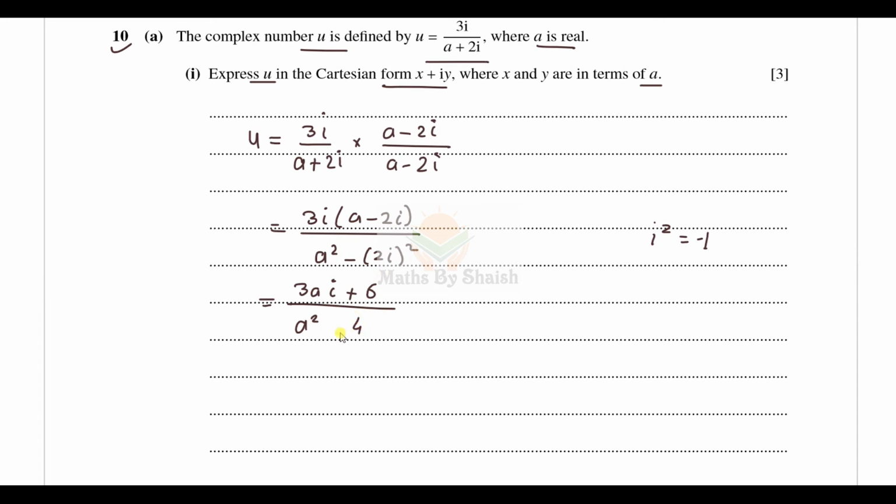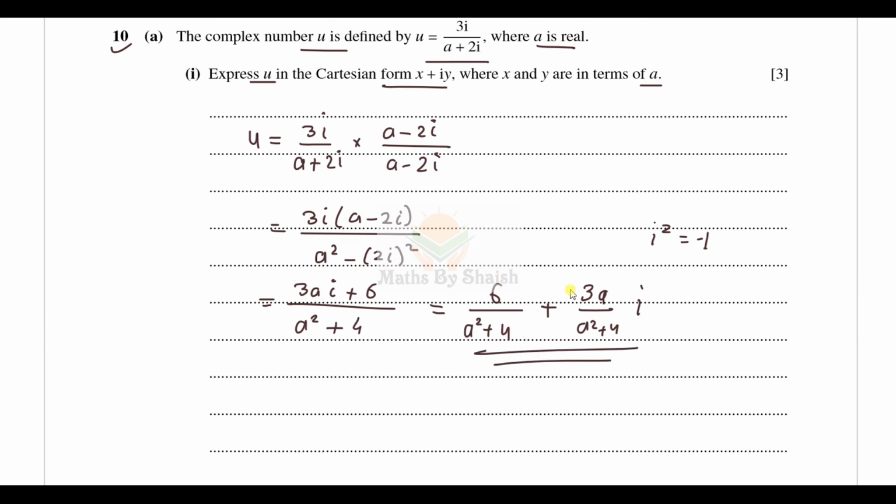And hence we can separate it: 6 over a squared plus 4, plus 3a over a squared plus 4 times iota. That is the form. Here this can be x and this is y, but it is fine if you leave it here.